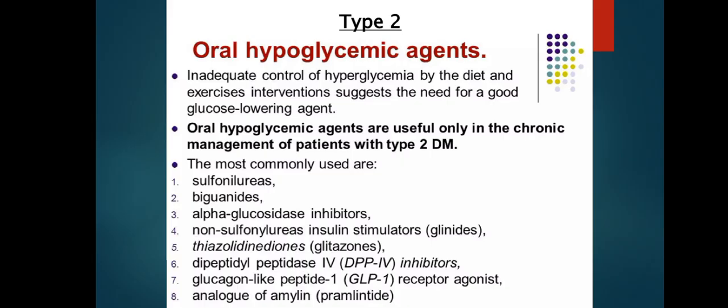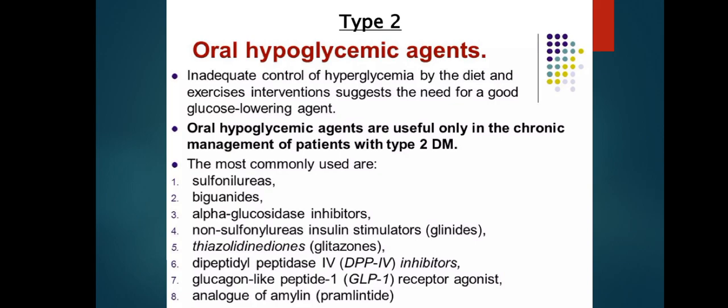Oral hypoglycemic agents. In type 2, we will give oral hypoglycemic agents to the patient. What are these hypoglycemic agents? Oral hypoglycemic agents are useful only in chronic management of patients with type 2 diabetes mellitus.